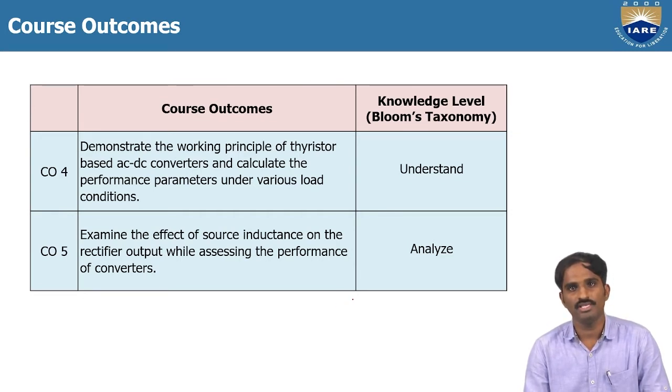We will also calculate the performance parameters under various load conditions. The performance parameters are what we have just discussed: average load voltage and average load current, as well as the RMS load voltage and load current with various load conditions. Because if we change the load, then the RMS voltage value and the RMS current value will also change, so we will be able to calculate that.